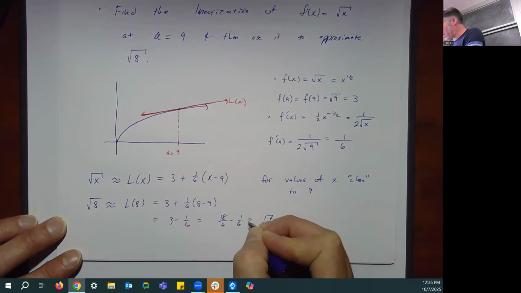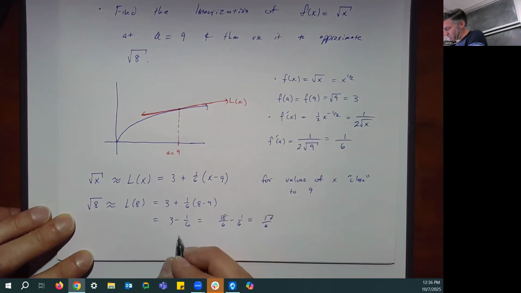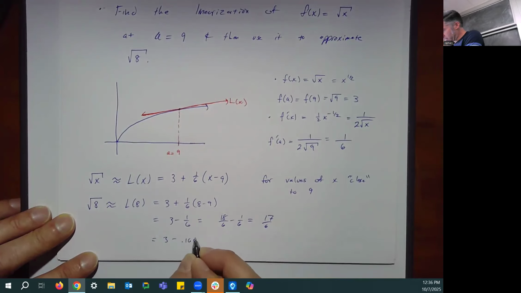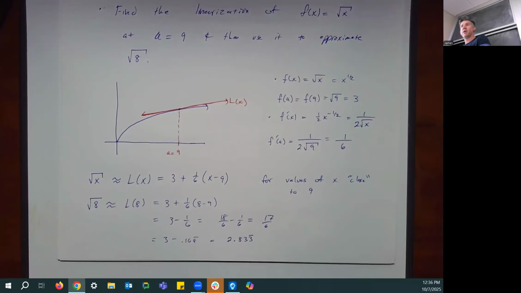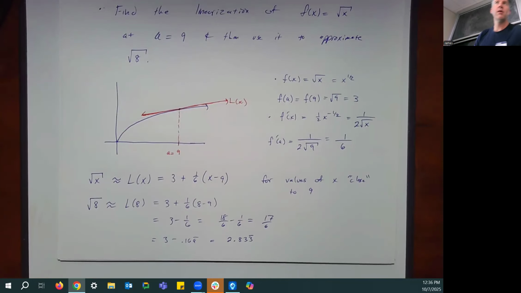In this context, if I'm going to compare it to something I would get on a calculator, it feels more helpful to write it as a decimal. So 3 minus 1/6 is 2.833 forever. And if you look at the square root of 8, it's like 2.82. So pretty close, right? Not a bad estimate for just drawing a line and doing a thing.